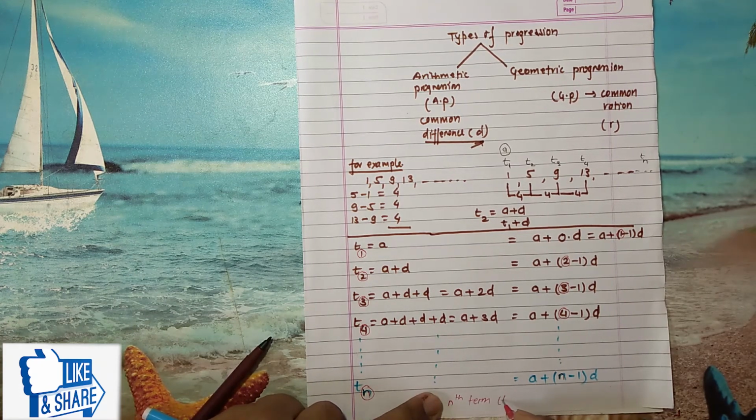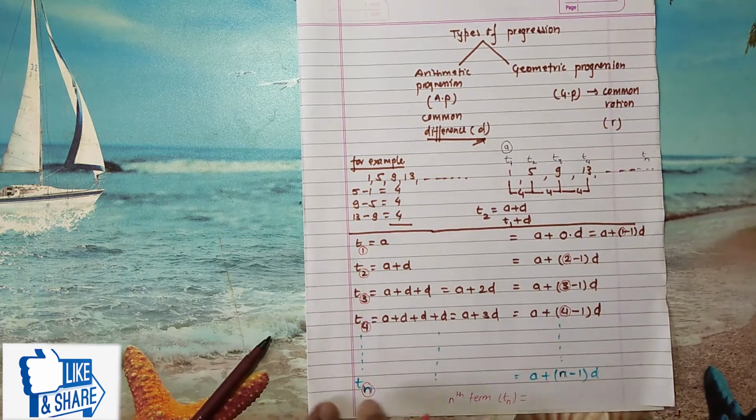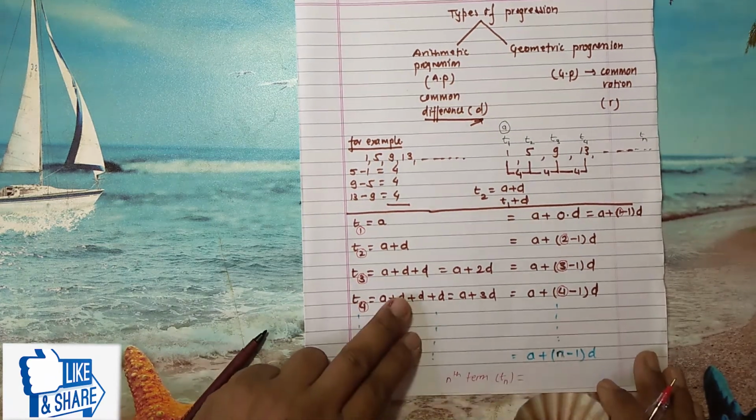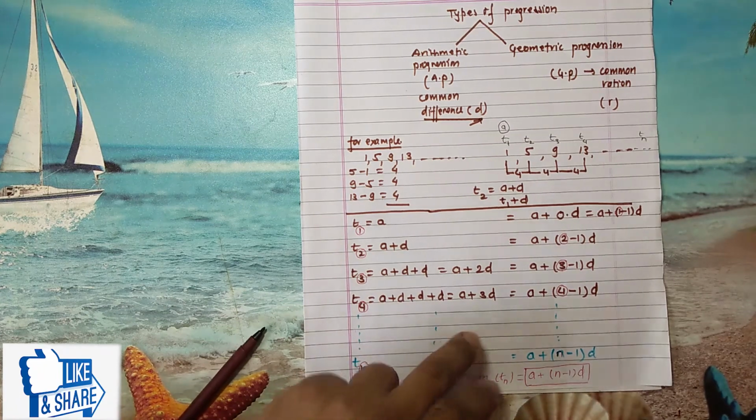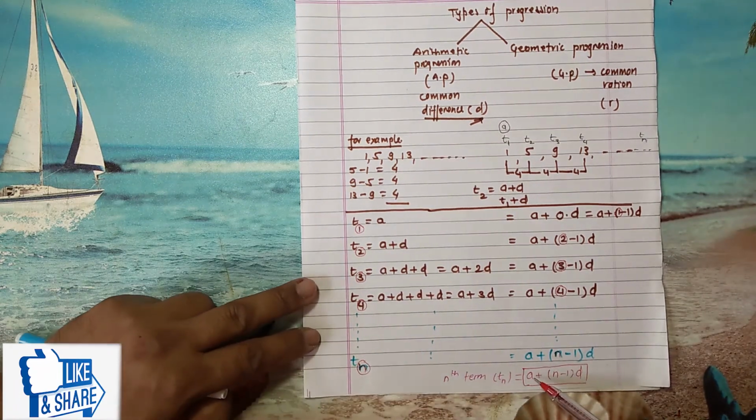The nth term Tn is equal to A plus n minus 1 times D. This is our formula. We have to remember this formula.